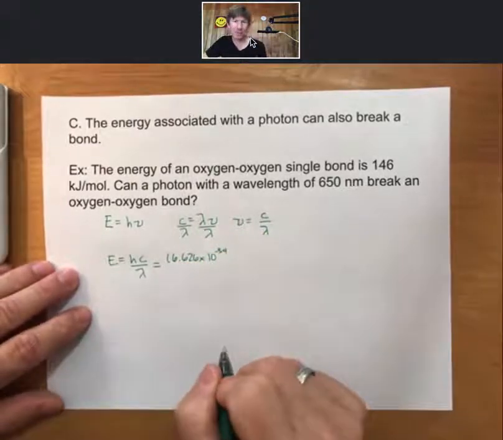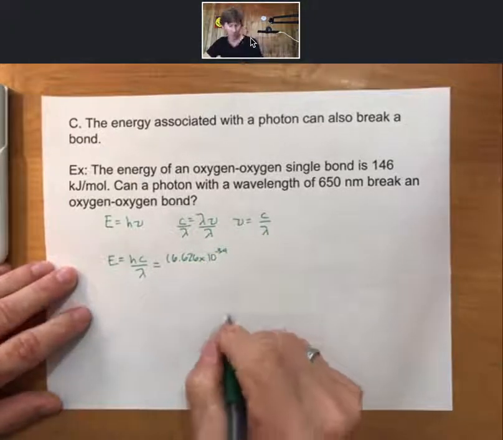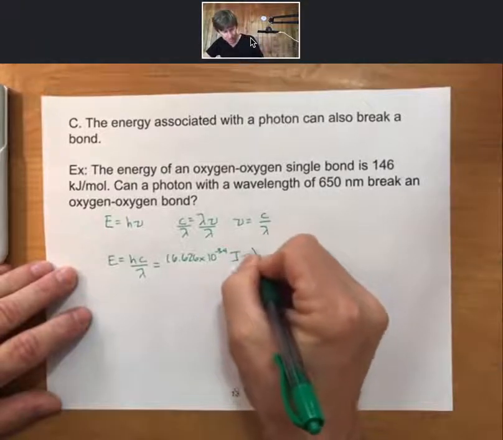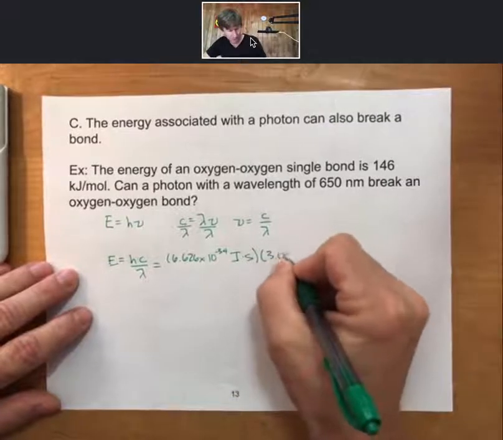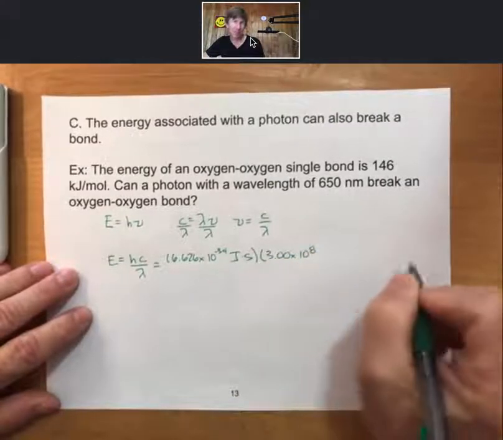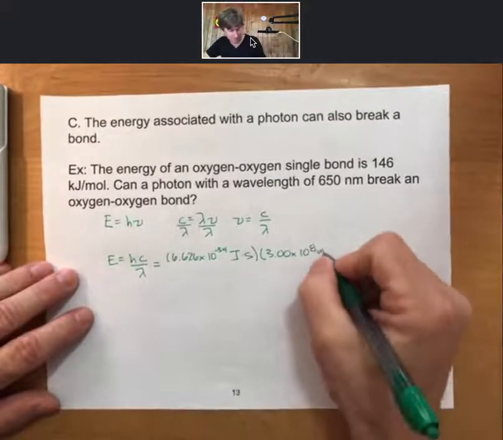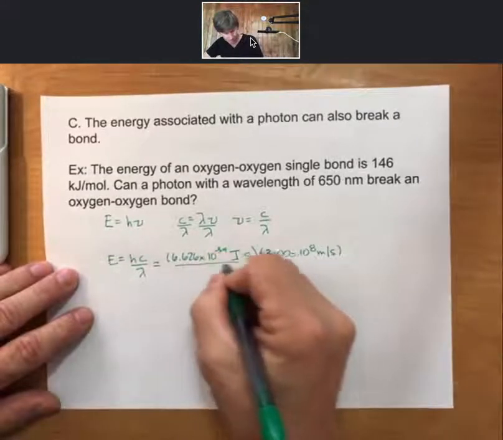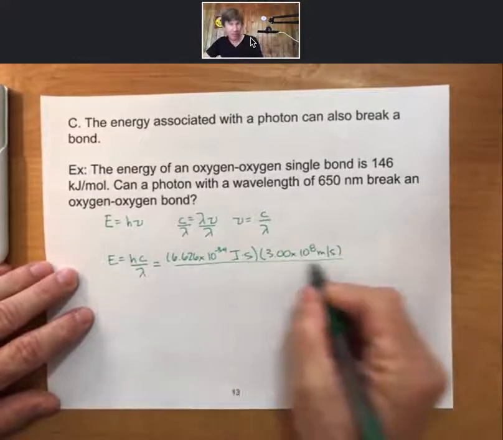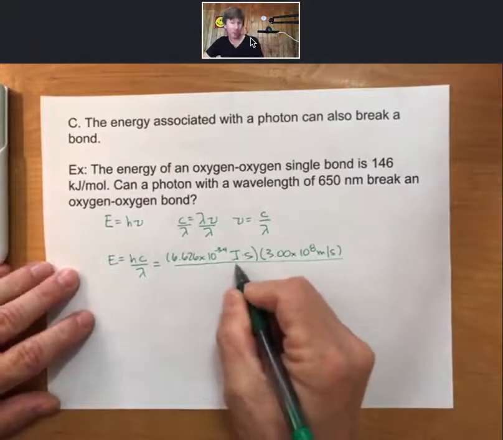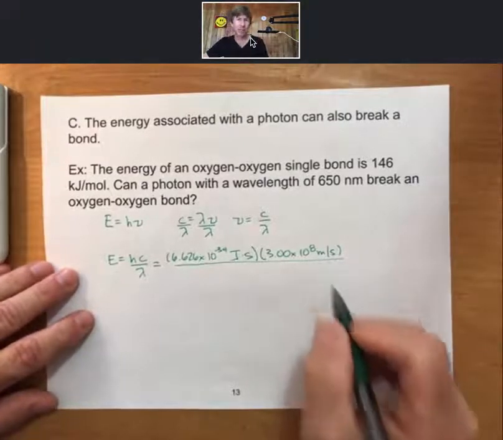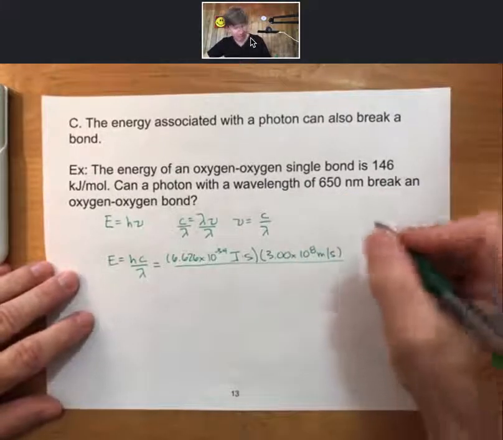Planck's constant, 6.626 times 10 to the minus 34th joule seconds. Speed of light, 3.00 times 10 to the 8th meters per second. We can see how our seconds will cancel. We can see that we want to end up with joules, and we need meters in the bottom of this. We've been given nanometers.